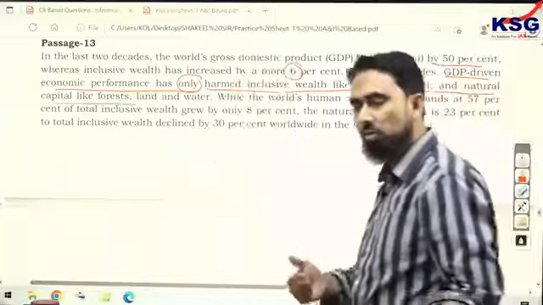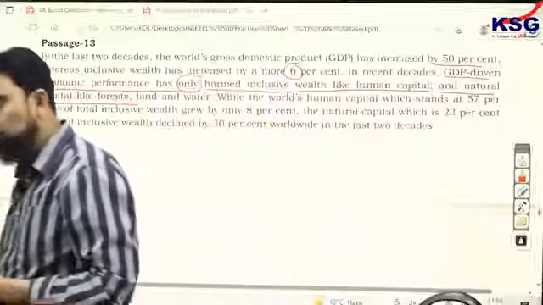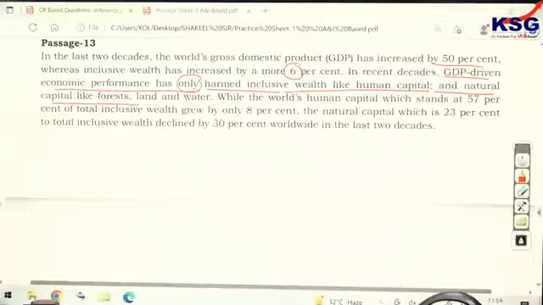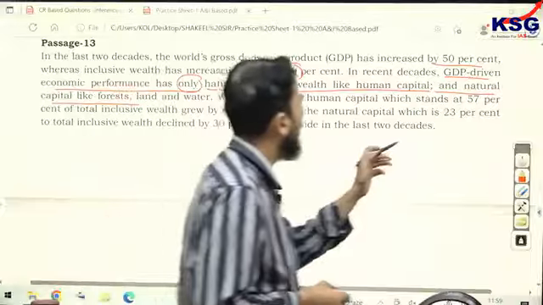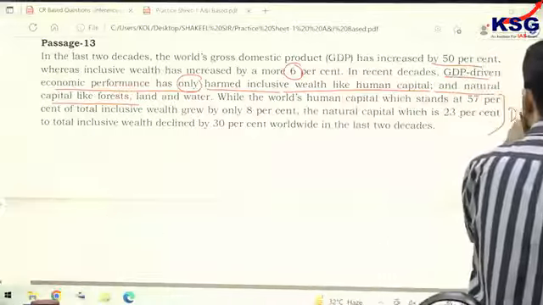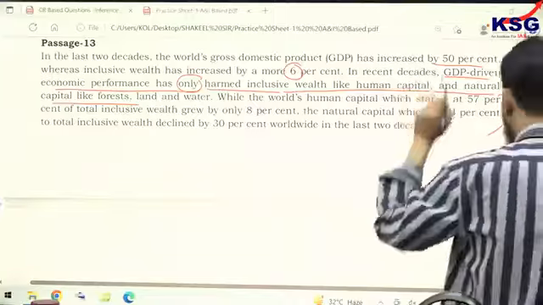The GDP-driven growth only has harmed the human capital and the natural capital. Then the author gives you in the last part the data to convey his point. The data is here. So keep that point in mind and then choose the option.